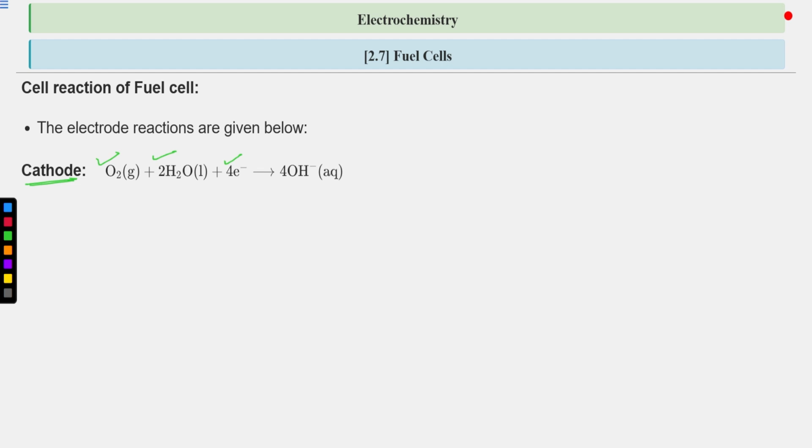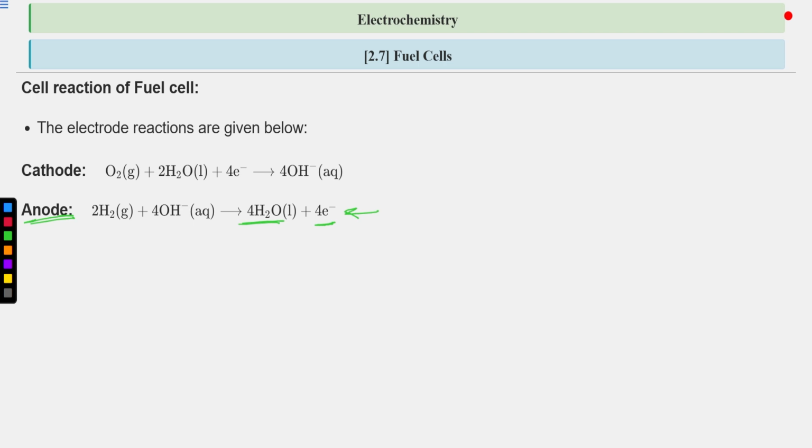This is the reduction process happening at the cathode. Meanwhile, at the anode, 2 molecules of hydrogen combine with the 4 hydroxyl ions, producing 4 molecules of water and 4 electrons. This is the oxidation process going on at the anode.